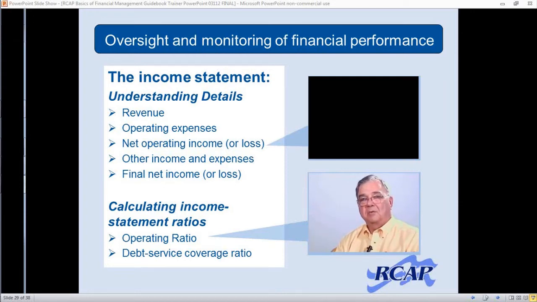But at the same time, you also want to make sure that your operating expenses are accounted for as well, because the worst thing that can happen to you is to get to a certain point where you have a debt service payment that's due, you have money to be able to pay it, but if you use that money, it's coming out of operations, and then you're faced with a reduction of services in order to make it pencil out. So keeping track of the operating ratio is extremely important.